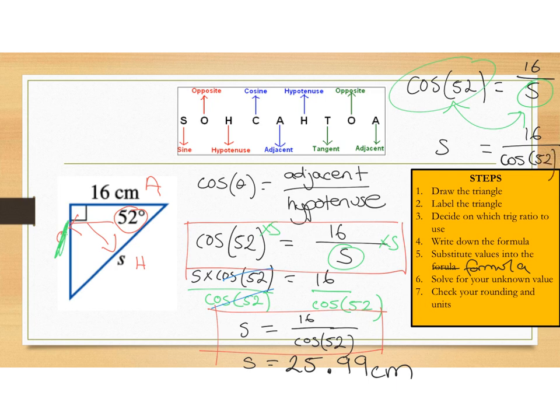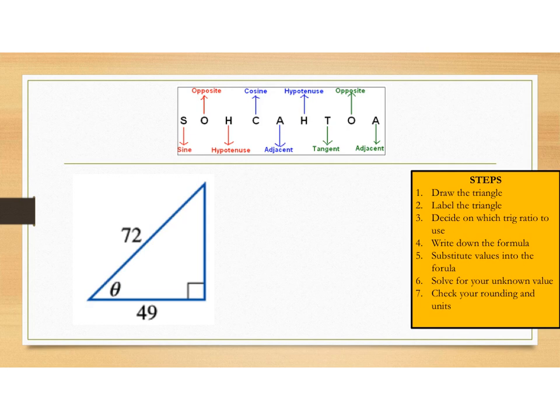Okay, so this was the second case, and let's have a look at the third case. So our triangle's been drawn. We're going to label our triangle. Hypotenuse, opposite, adjacent.